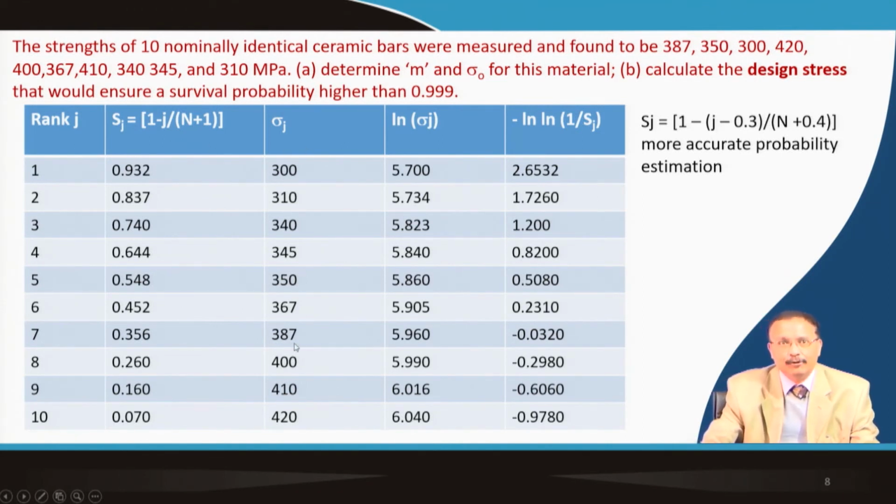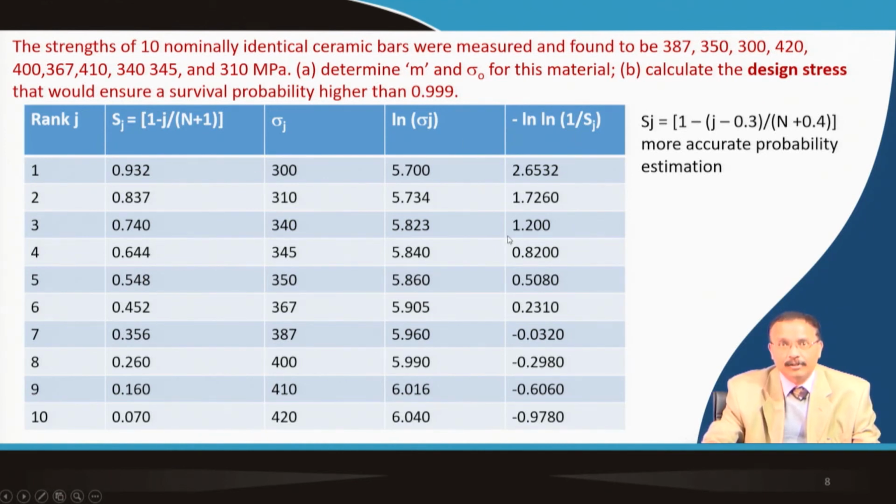Sigma j, I have already ranked it. This is from my experiment, and I will estimate ln of sigma j, and also minus ln of 1 minus S j, where S j is calculated from here. So, I will also estimate this value progressively for all the samples.